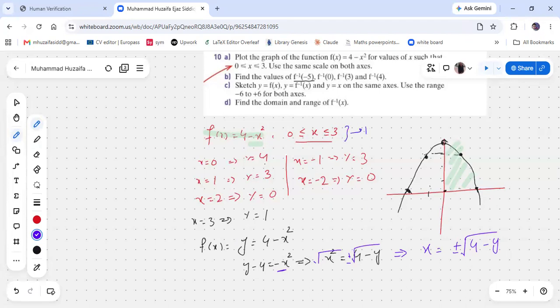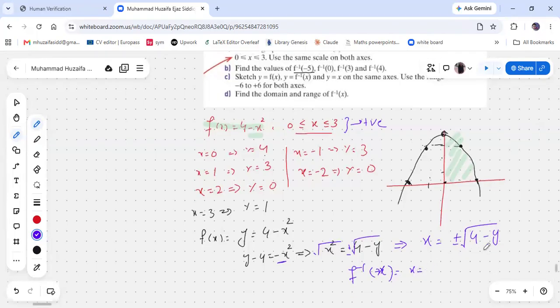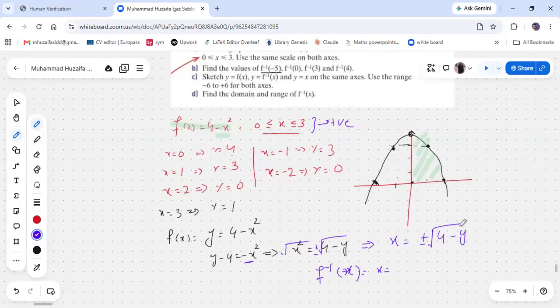So on the behalf of this one, we take f inverse of x is equal to, sorry, before this one, we are replacing this one, because the last step is to replace x with y and y with x.